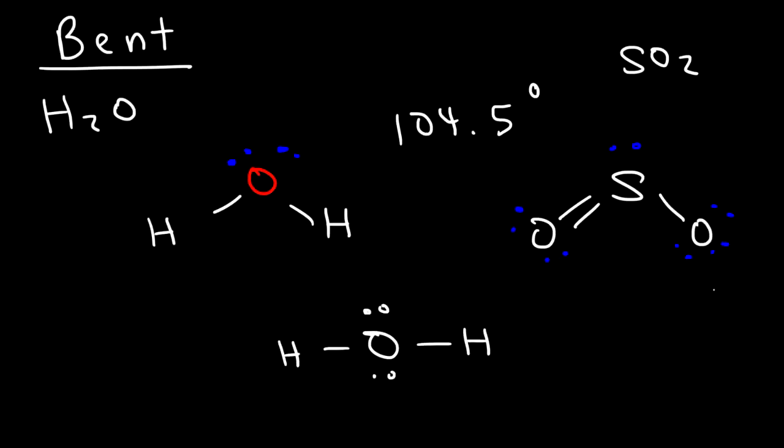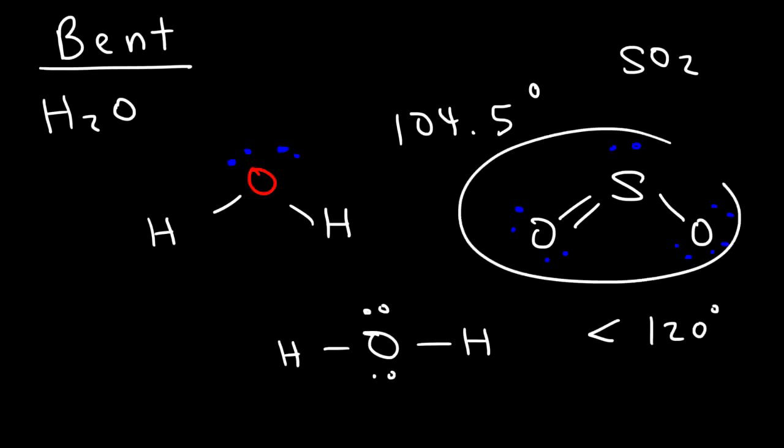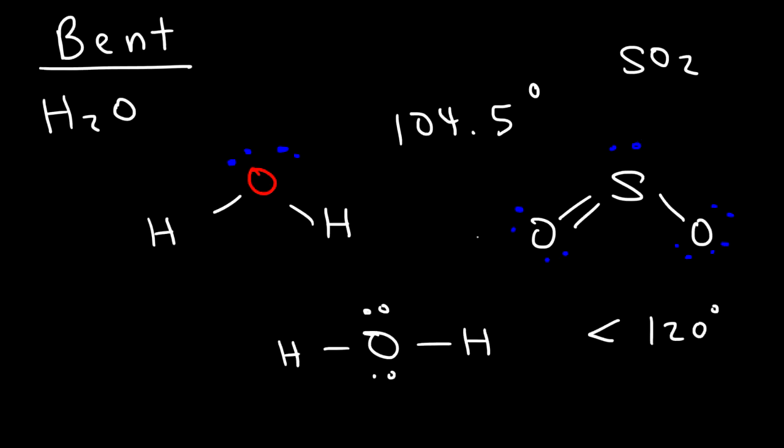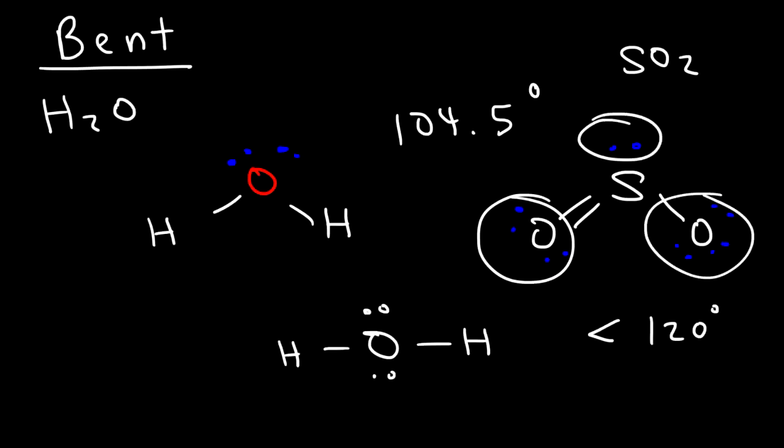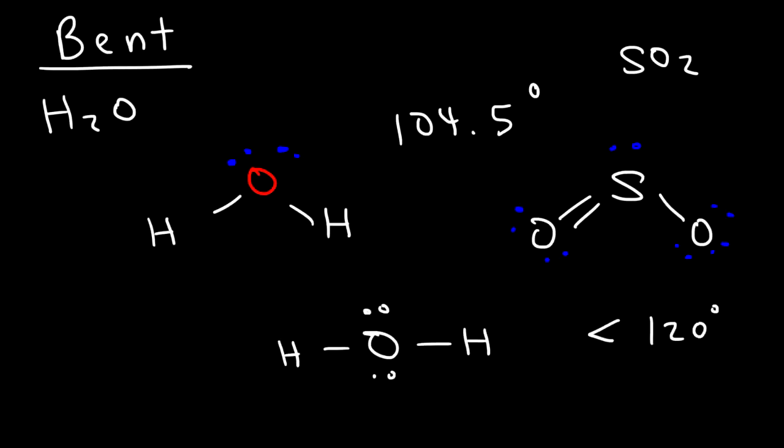And the bond angle is less than 120. Notice that this is similar to a trigonal planar structure in the sense that it has 2 atoms and a lone pair. A trigonal planar structure has 3 things with a bond angle of about 120. So SO2 has 3 things, 2 atoms and a lone pair on the sulfur atom. And that's why the bond angle is similar to a trigonal planar structure.